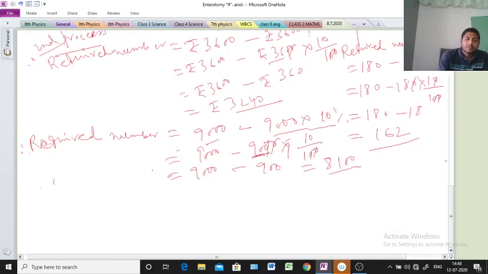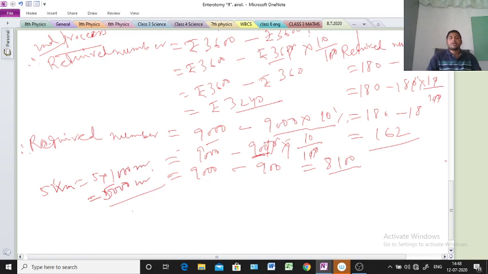At first we write 5 kilometer. 5 kilometer means 5 into 1000 meter, that means 5000 meter. Understood or not? 5 kilometer equals 5000 meter. This one clear? Now we find out the required number.